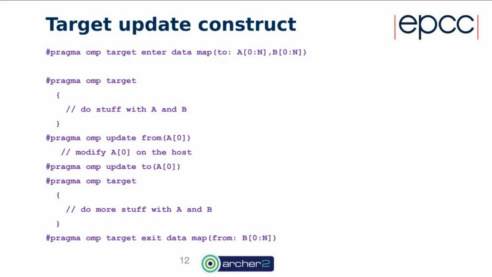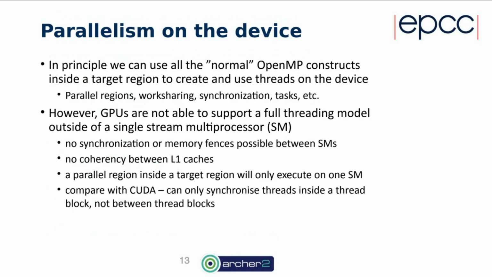So I can use update from to get A0 from the device, do something with it, push the new value of A0 back to the device, and then carry on doing stuff with A and B. So I'm being very specific about exactly when and exactly which elements of the array are being moved around, and you can really minimize the amount of data that's being shuffled around.